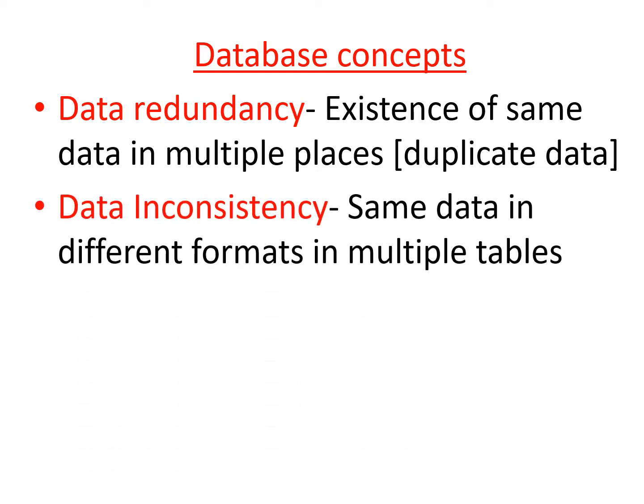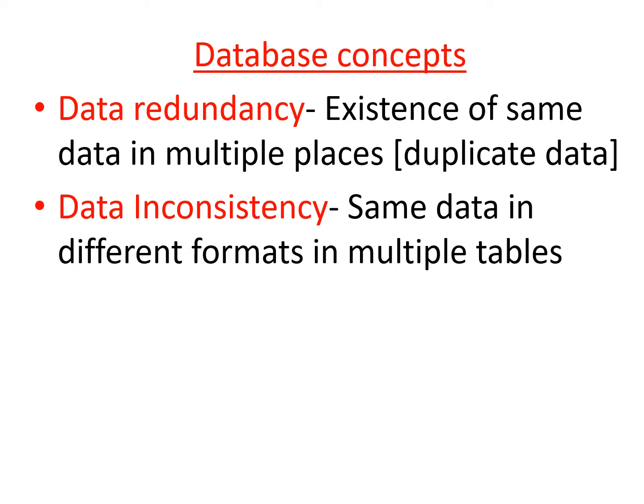That is, if you have the same data in different formats in multiple tables. For example, take the hospital database management system. Under one common patient, the record will be somewhat different, and when the patient is admitted for cancer, again the same patient, but you will have multiple tables, and the address will be different.